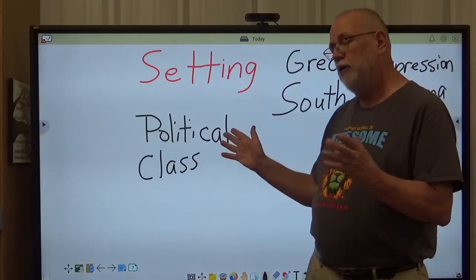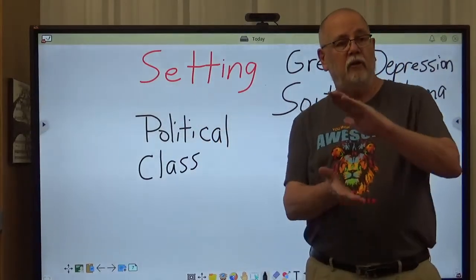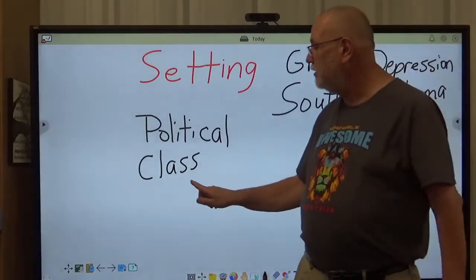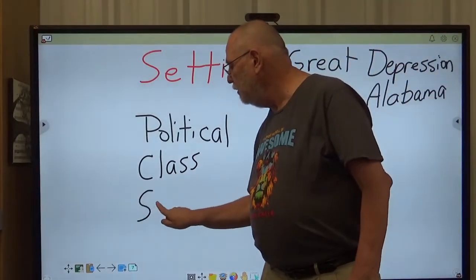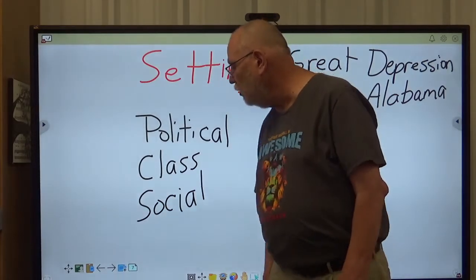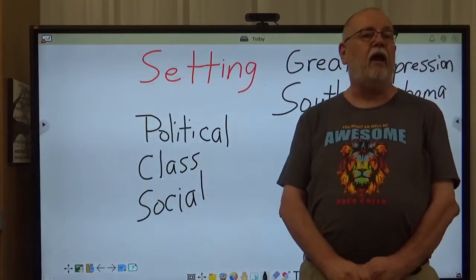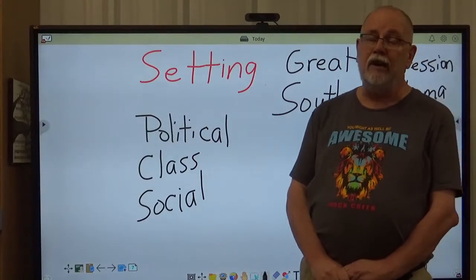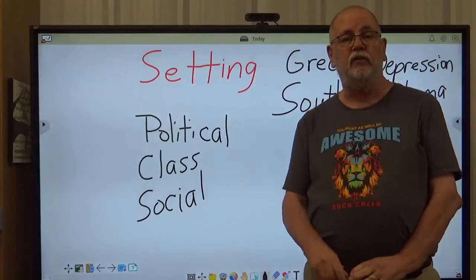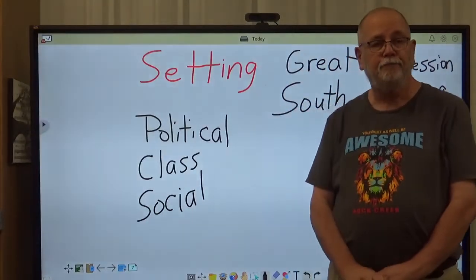I will get to it in just a few minutes and explain the class structure and how everything worked. And the last set of relationships are social. And what I mean by social is how a person relates to his or her neighbor, a neighbor being defined as someone who you're not related to.